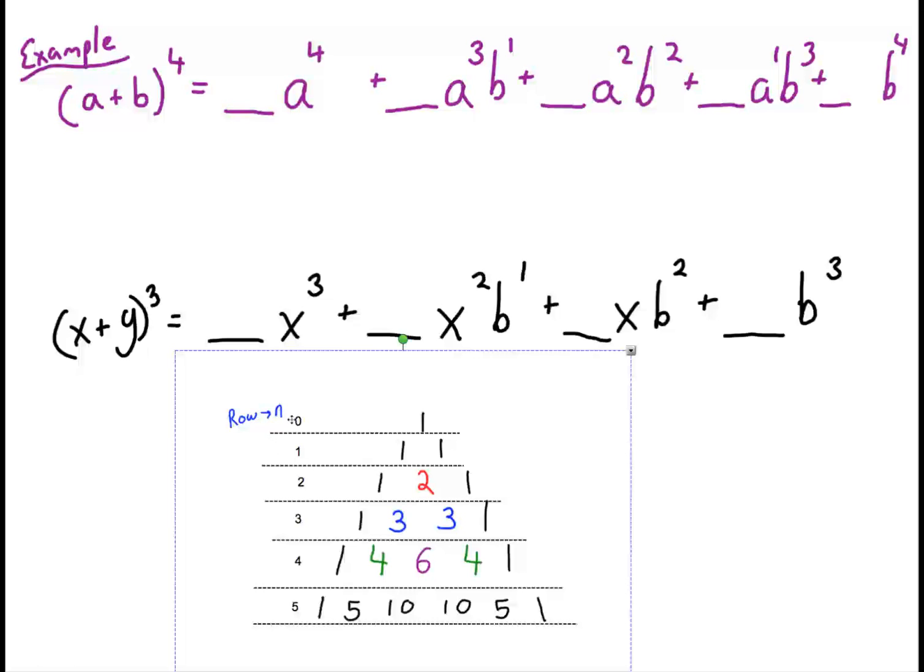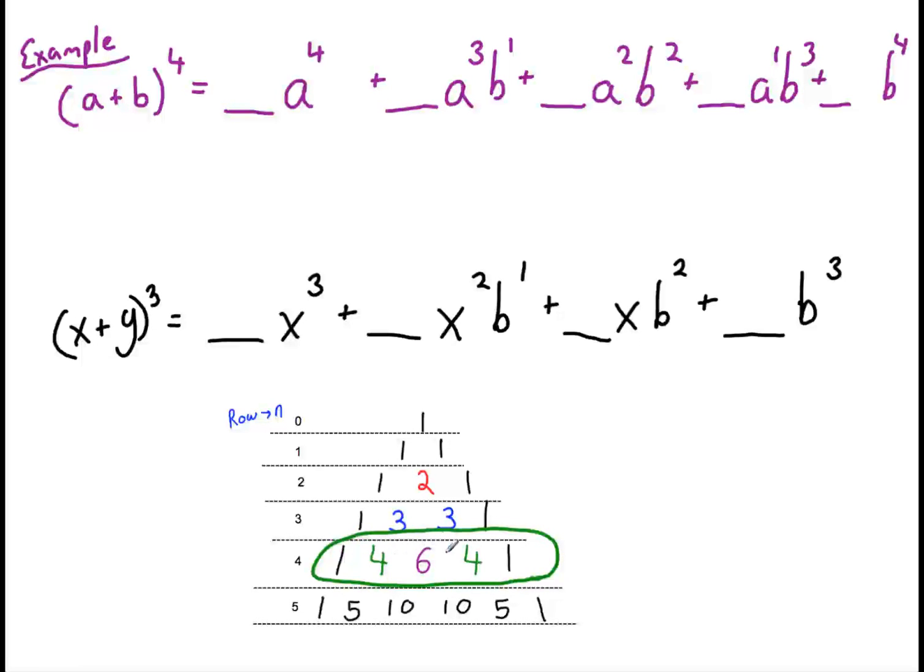Well, n is representing the rows, so all I have to do here is, since this is a 4, come down to the 4th row, and I'm going to plug in these and put them in as coefficients to each one of these terms. So for this one, let's do this in green. So it's a to the 4th. So that means I'm going to come down to this 4th row.